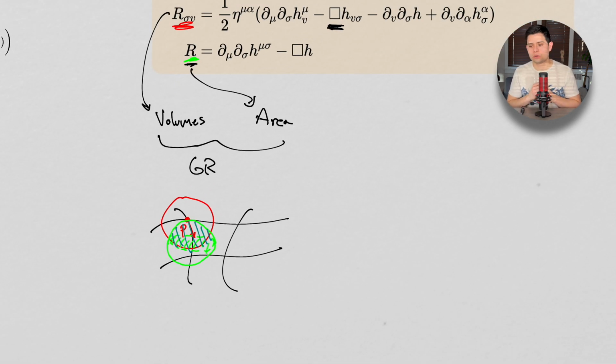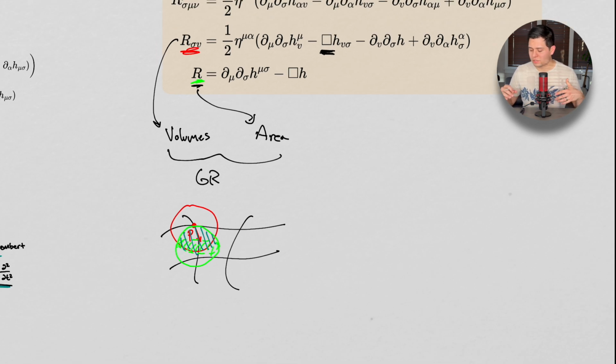And if an area is just a number, then this is a scalar field that exists everywhere. If it's just a scalar, then we should be able to track these areas throughout the manifold as well. Again, the details are in my tensor calculus playlist and in my GR playlist.